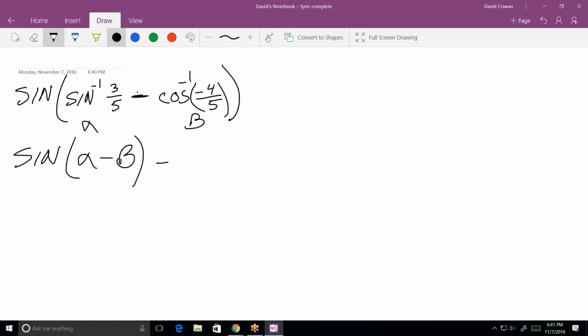What's the sum and difference formula? It's sine of alpha cosine of beta minus cosine of alpha.